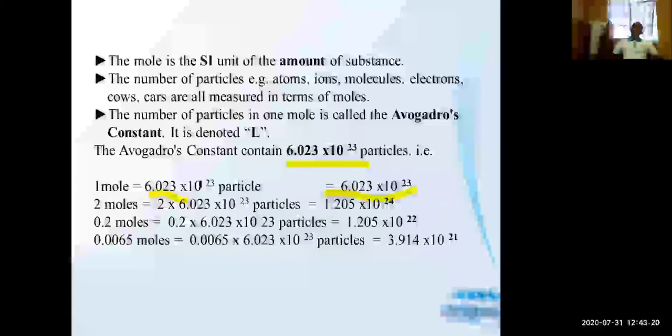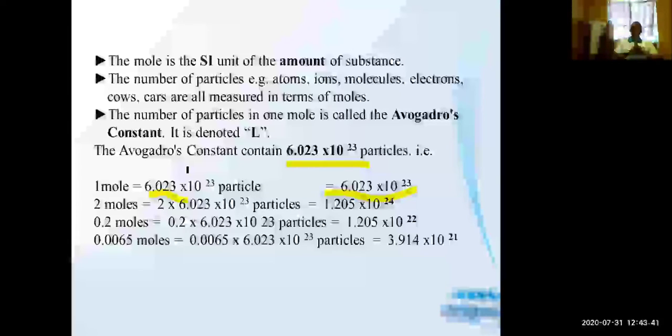So if one mole contains 6.023 times 10 raised to power 23 particles, what about 2 moles? For you to know the particles in 2 moles, you will multiply 2 times the number of particles in 1 mole.